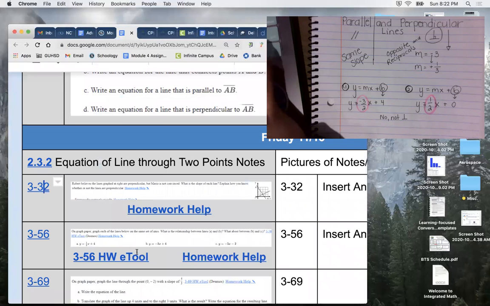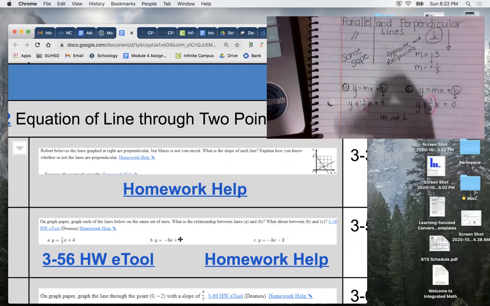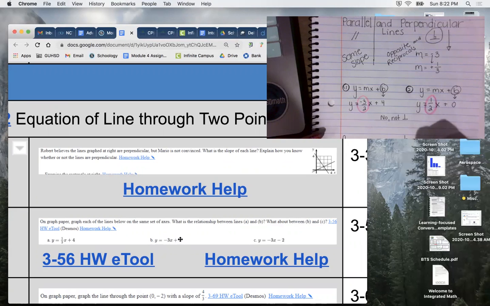So here's the assignment. We're going to be comparing this first one and the second one. To begin with, there are actually 2 things we're going to do. We're going to compare line A and B, and then we're going to compare line B and C. What is the relationship between A and B, and how about between B and C?